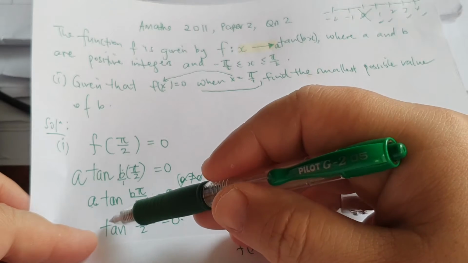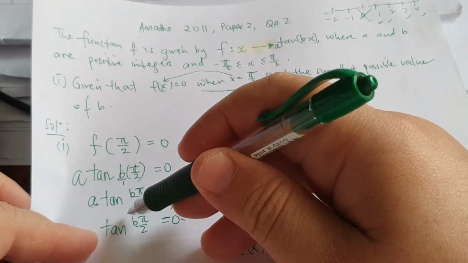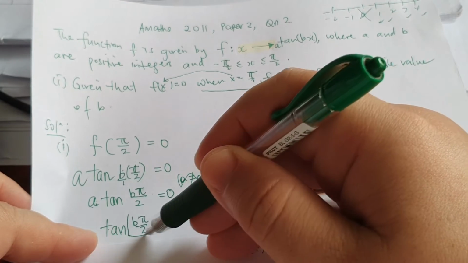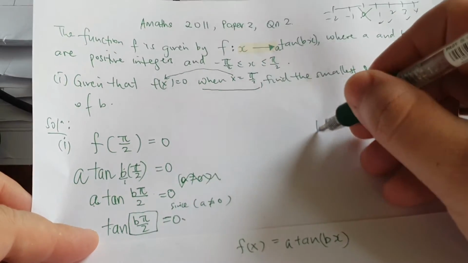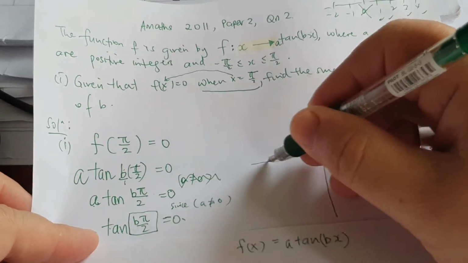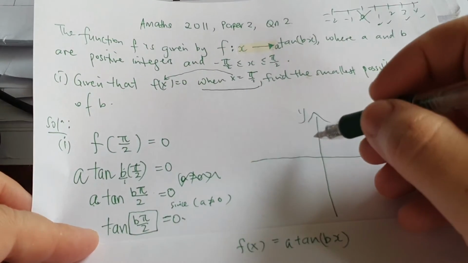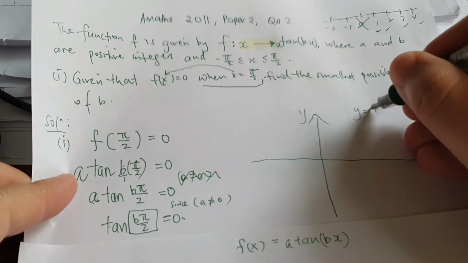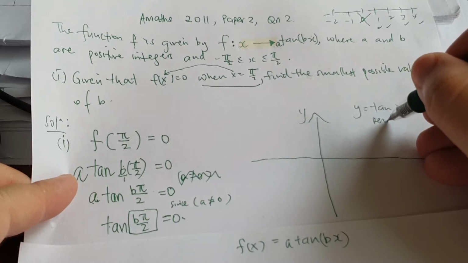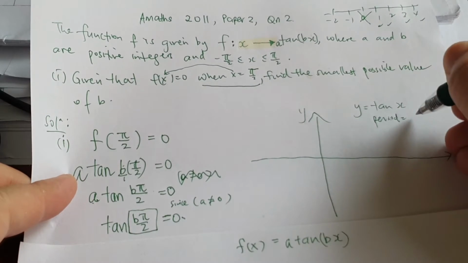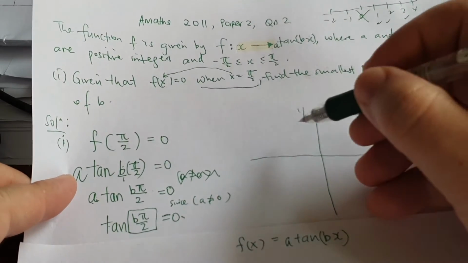They are now telling us tangent of something equals 0. So what should this something be, this box here? For such questions it's very useful to know your graph very well. We all know that for the tangent graph, the period is π over the number here, which is 1. So it's π.